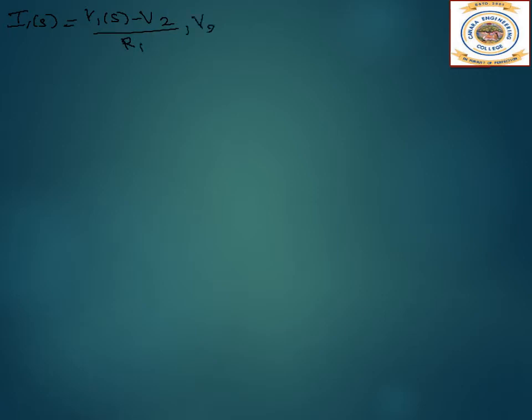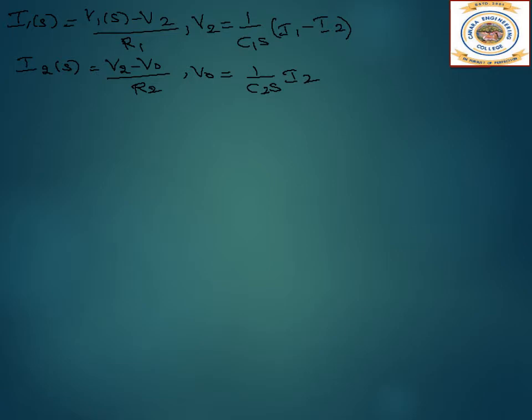Then we had V2 equal to 1 by C1S into I1 minus I2. Equation 3 was I2 of S equal to V2 minus V0 by R2. And V0 we had as 1 by C2S into I2. Now let us draw the block diagram.